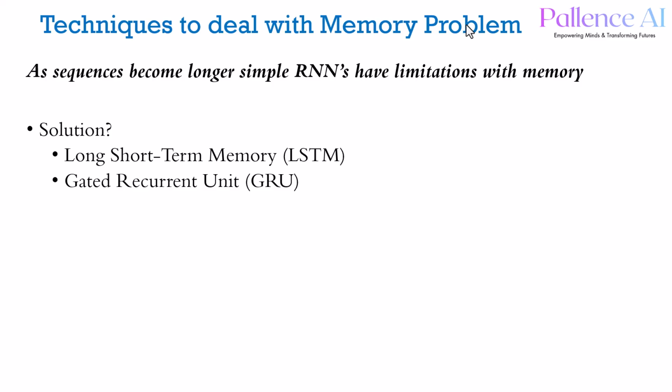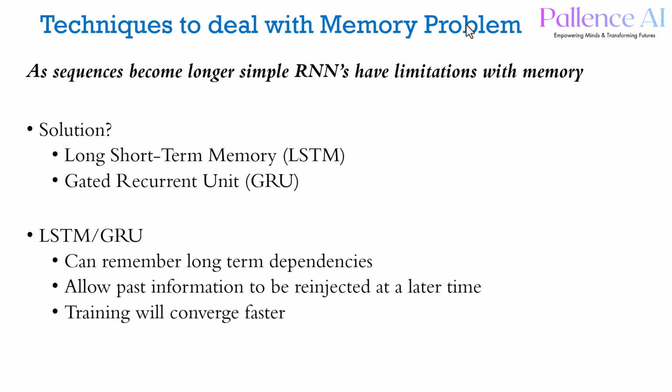Think of them as a variation of RNN, except that they are more involved and have a little bit more complexity. They do that so that they can help in remembering these long-term dependencies. Both these networks allow past information to be re-injected at a later time, and thus help with this memory issue. They can also help with faster convergence.